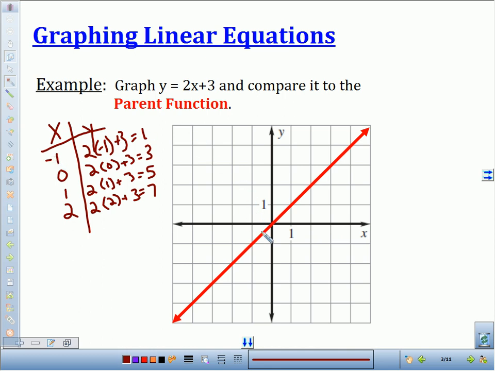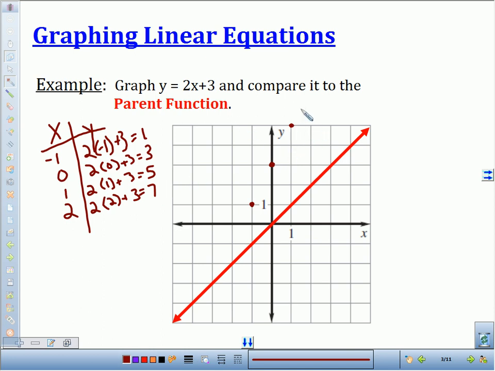When x is negative 1, y is 1, so I'm going to put a point at negative 1, 1. When x is 0, y is 3, so I'm going to put a point at 0, 3. When x is 1, y is 5, so I'll put a point at 1, 5. Now when x is 2, y is 7.